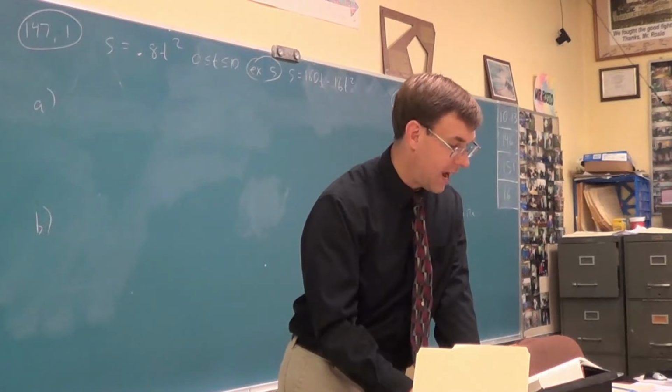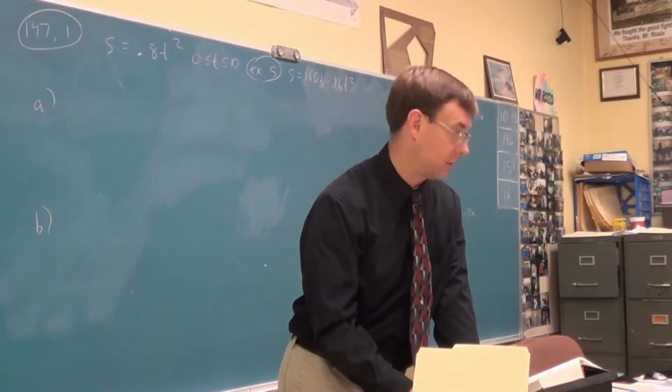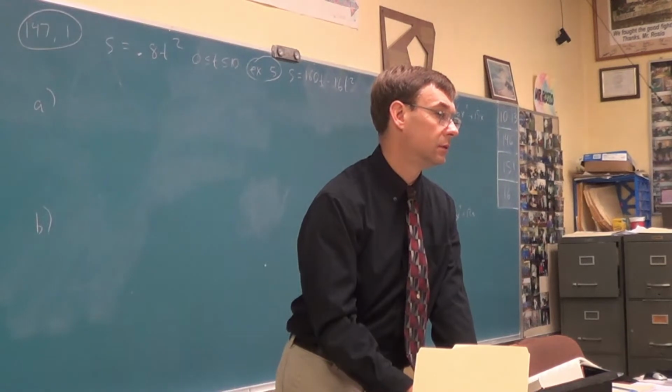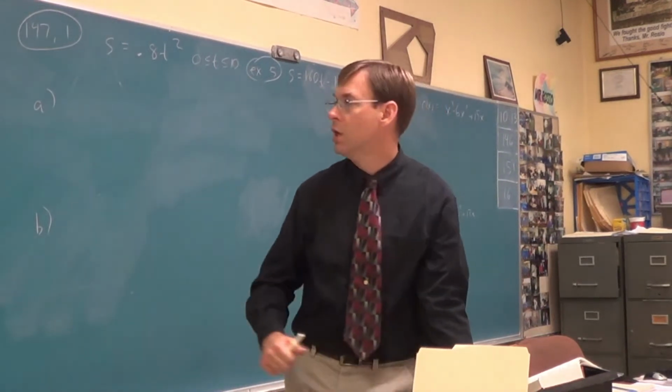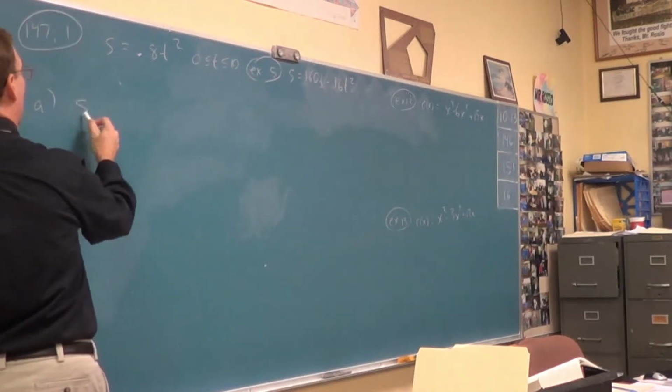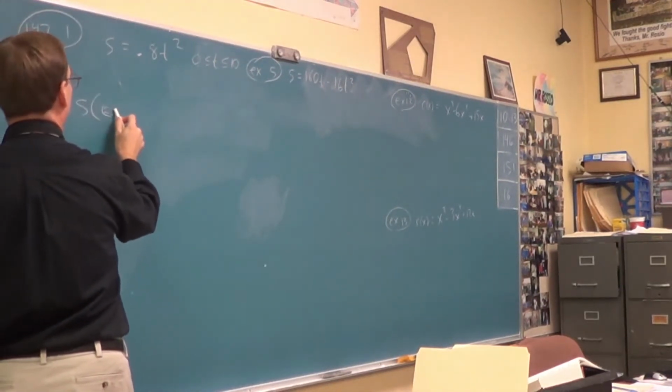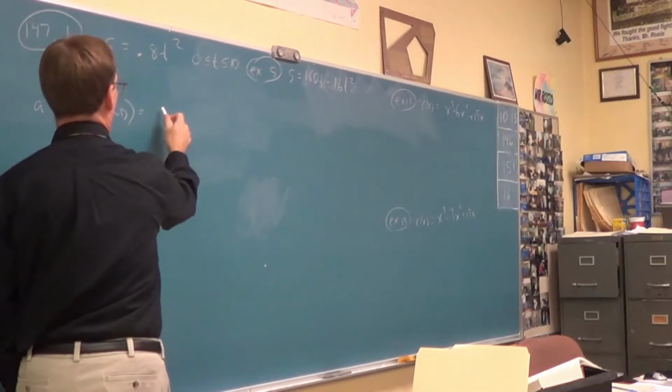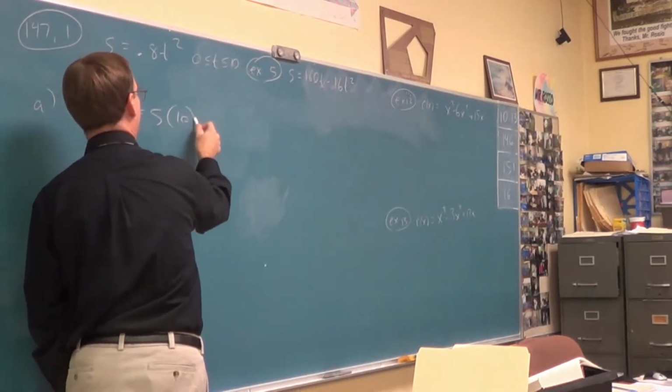So if they're saying average velocity, is it time for calculus? No. What they're asking us to do is figure out where you are at the end. In other words, plug in the 10 seconds.